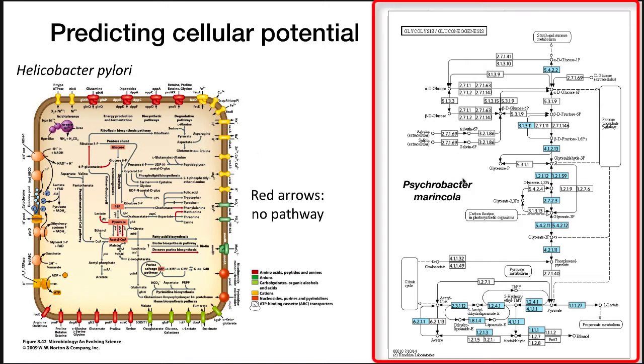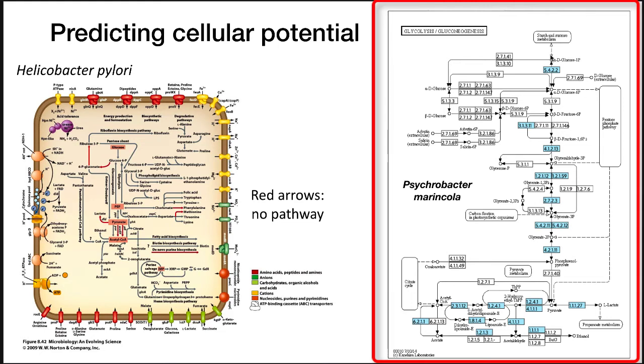Another example is Psychrobacter marinicola. Now, this is an isolate that we isolated last year in Microbiome 551 when we were investigating deep sea ocean vents. We sequenced its genome, and then once we had it, we went through, we predicted all the open reading frames, and then used BLAST and KEGG to predict the function of these things and assemble them into the pathways.